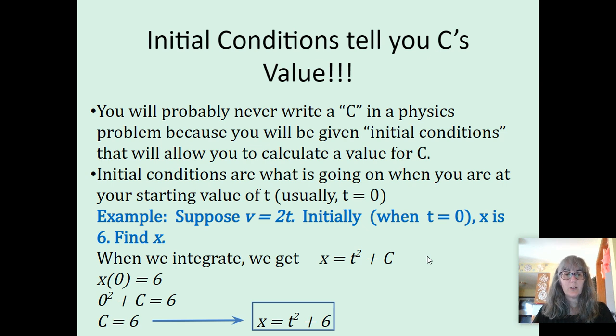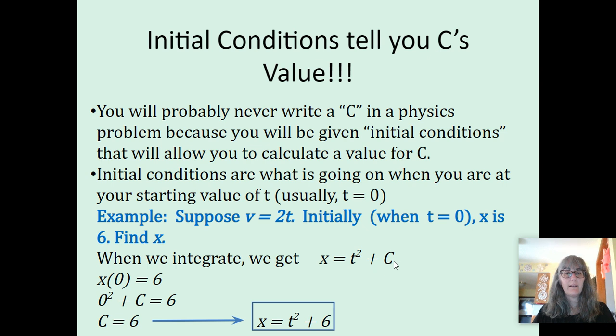This is one way that you could do it. If we have v is equal to 2t, we know that x has to be t squared plus a constant. If we plug in 0 for t, then we get 0 squared plus C is equal to 6.